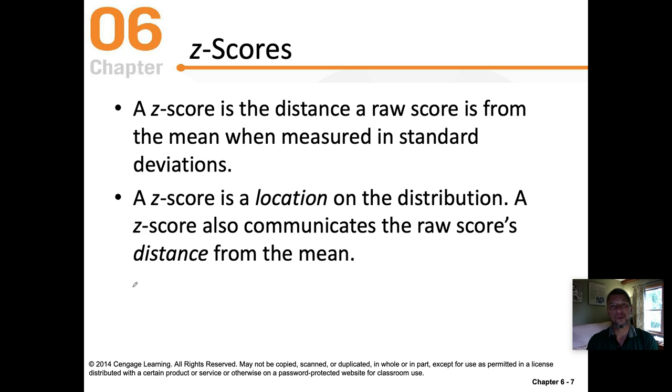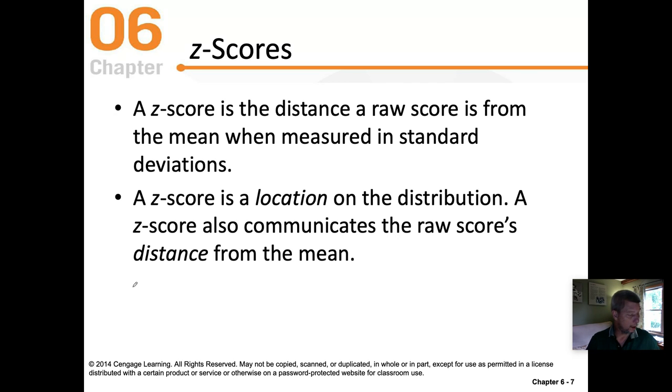A score can be one standard deviation below the mean or one standard deviation above the mean, but both of those scores are the same distance from the mean. And so the z-score will indicate not only how far above or below the mean a score is, but it'll tell you the distance from the mean along that normal curve.